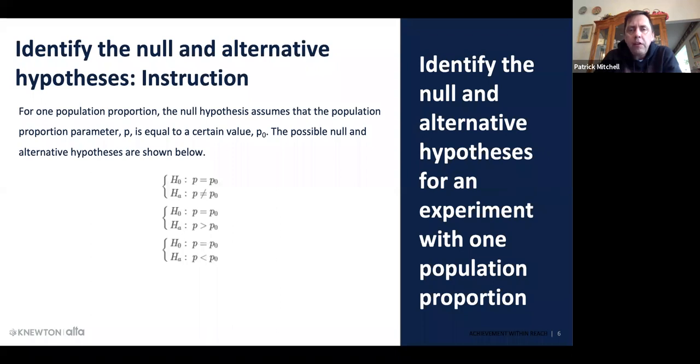In a specific problem, the value of P sub 0 will be given. The possible null and alternative hypotheses are shown below. So notice that in all three cases, the null hypothesis is that P equals a certain value, and the alternative hypothesis is either P does not equal that value, P is greater than that value, or P is less than that value.